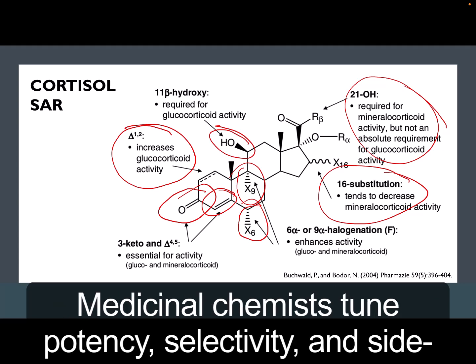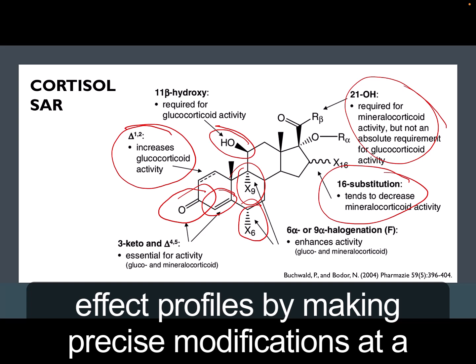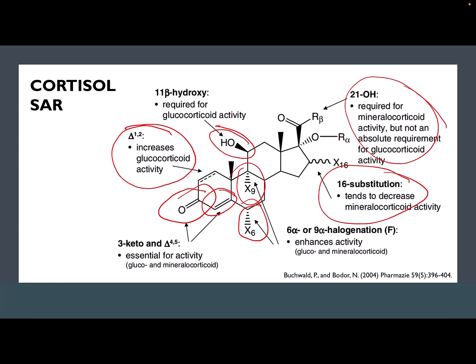Medicinal chemists tune potency, selectivity, and side effect profiles by making precise modifications at a small number of strategic positions. In the next slide, we'll see how these principles are applied in real drugs such as prednisone and dexamethasone, and why those structural differences matter clinically.